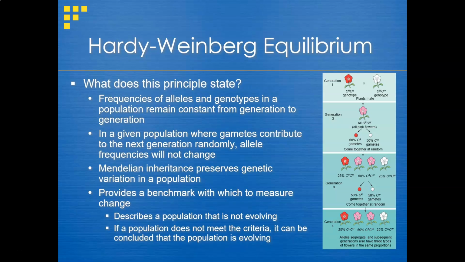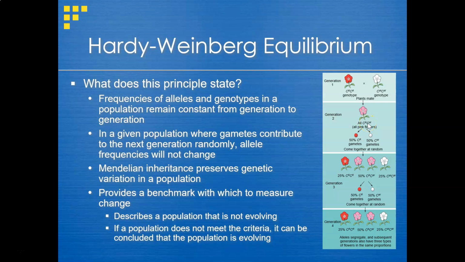So if I look at traditional Mendelian genetics, we look at something like this. We start off with purebred red, purebred white. We combine them into generation 2. They happen to make all heterozygotes, which are pink.